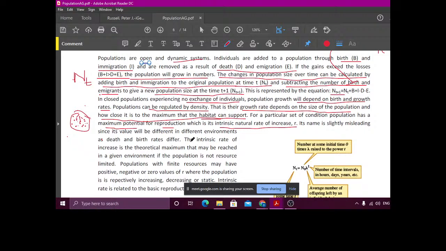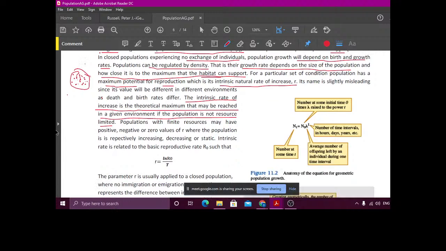So the intrinsic rate of increase, or R, is the theoretical maximum that may be reached in a given environment if the population is not resource limited. So R is the intrinsic rate of increase, that is, for a particular population, the maximum it can increase.